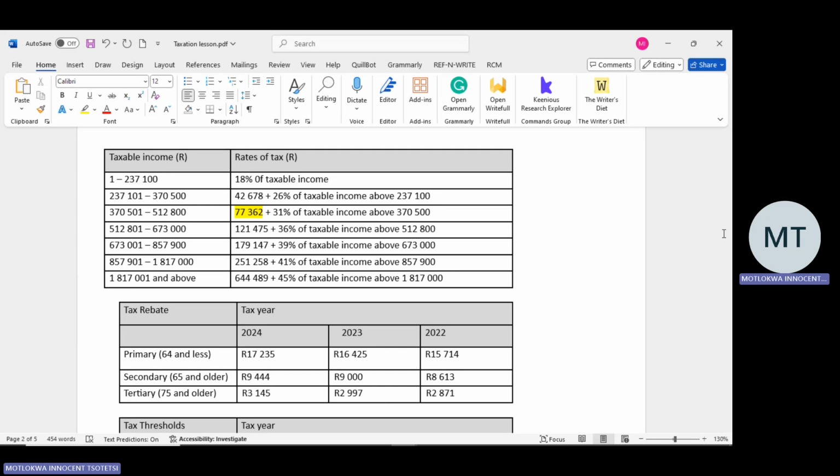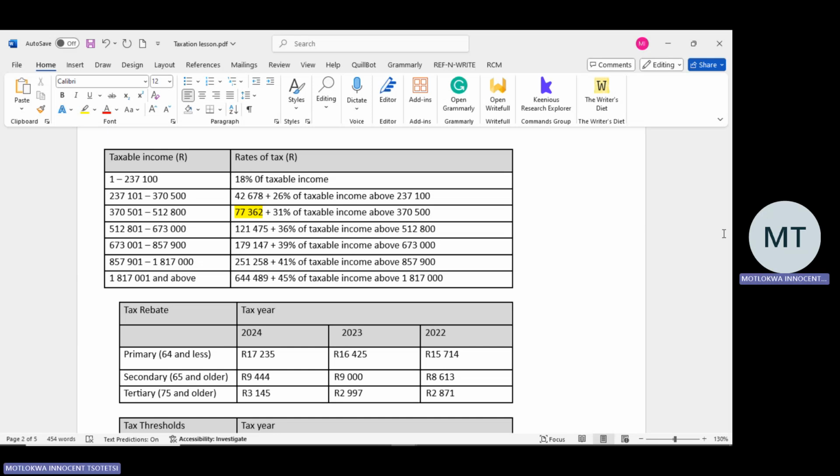So you will need to know how to calculate and be sure about your answer without verifying whether it is correct or not. The first thing you are going to do: the amount, as you can see, is on tax bracket number 3.